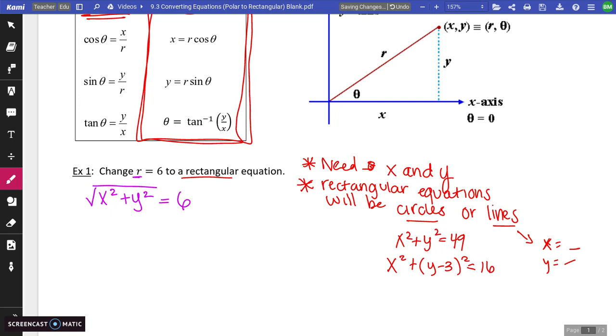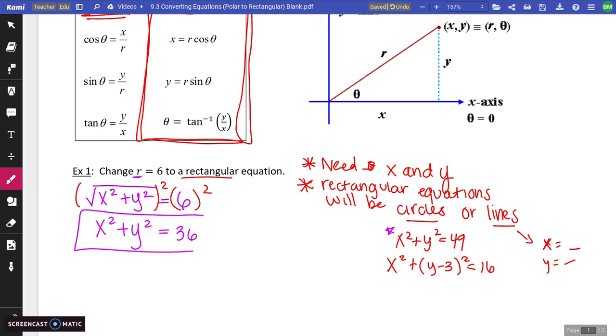Now I don't want to leave that square root because it doesn't really look like a circle equation we're familiar with. So I can get rid of it by squaring both sides, leaving me with x squared plus y squared equals 36. That's a nice circle equation, centered at 0, 0, radius of 6, and I am done.